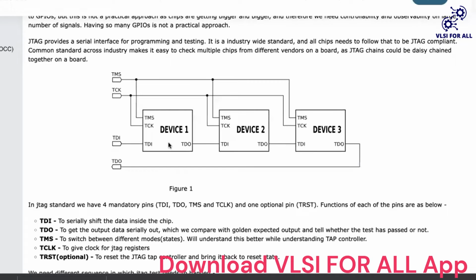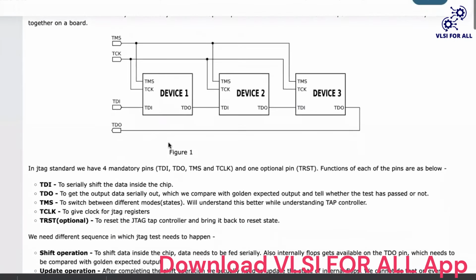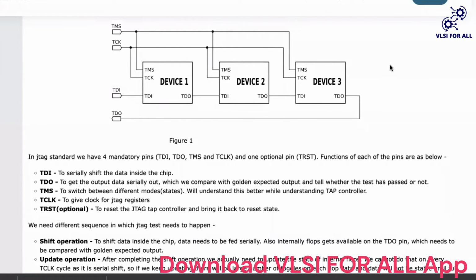So, as I talked, it's a serial interface. Now we will just touch upon it. By serial interface, I mean if there is a module and we need controllability on 3 pins and observability over 2 pins, what we will do is make a register over here, which will have 5 bits, and each one will be controlling this way.